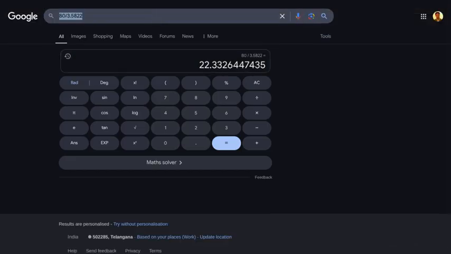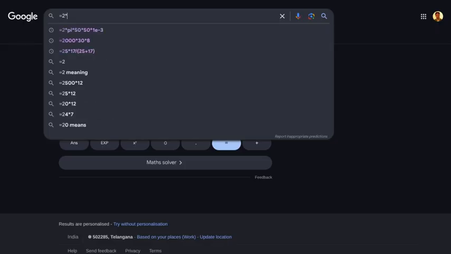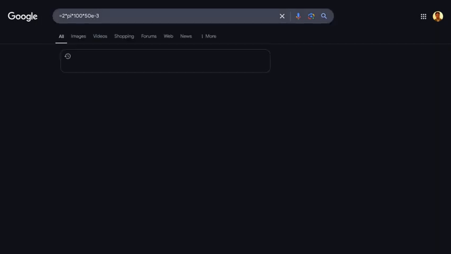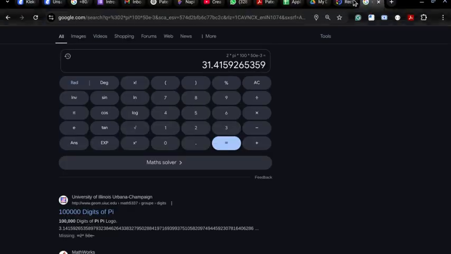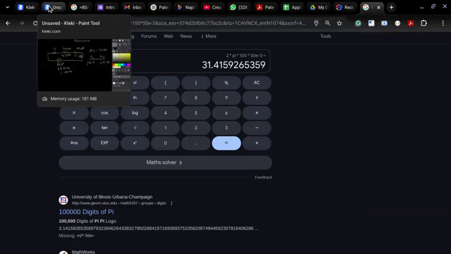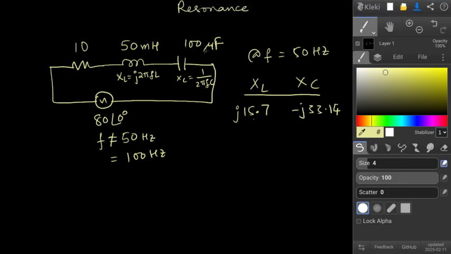So I'm calculating XL now. 2 into pi into frequency, sorry, frequency is 100, into 50 millihenries. Okay. So I'm getting 31.415. Okay. So you notice that this has become double. Because frequency doubled, this has become doubled.